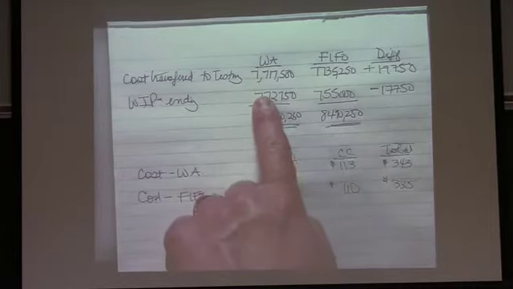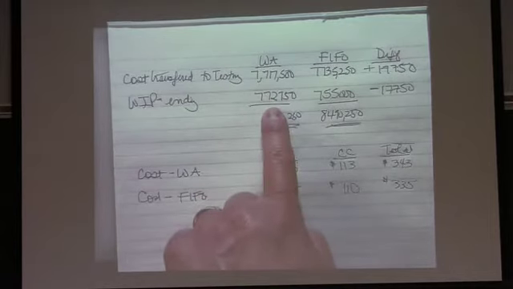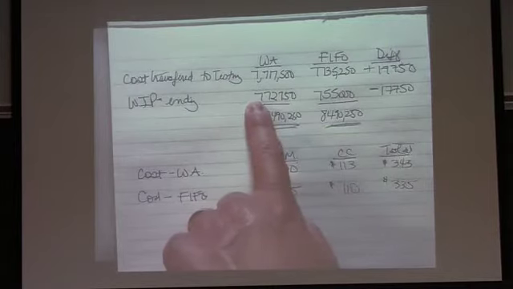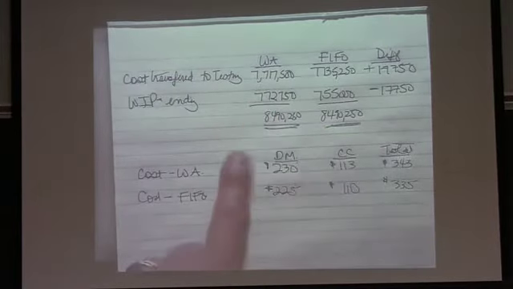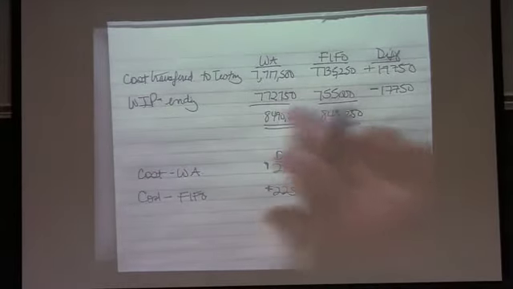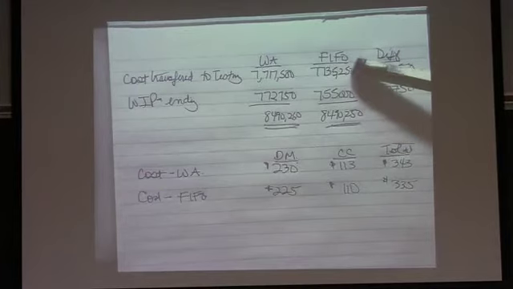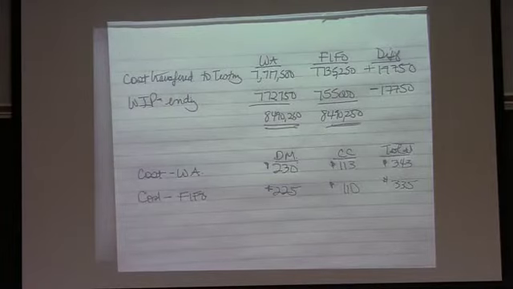And that's why the ending inventory under FIFO is lower than under weighted average. By virtue of the fact that we're recording less in ending inventory, the amount that's transferred to the next department is going to be higher in FIFO.